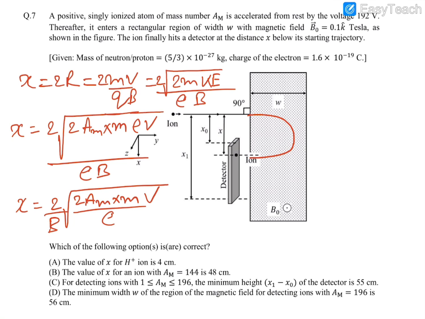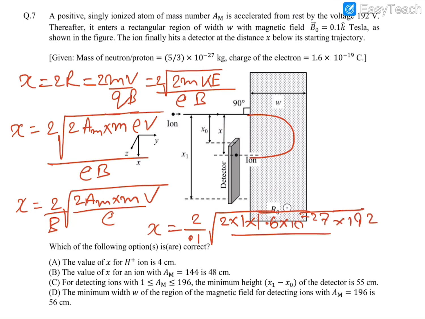Okay, now you can see the value of x for H plus ion. Now you can see that x will be equal to 2 by B, which is 0.1, and under root of 2 into atomic mass number of H plus is 1, and m is 1.6 into 10 raised to power minus 27, and V is 192 divided by 1.6 into 10 raised to power minus 19.